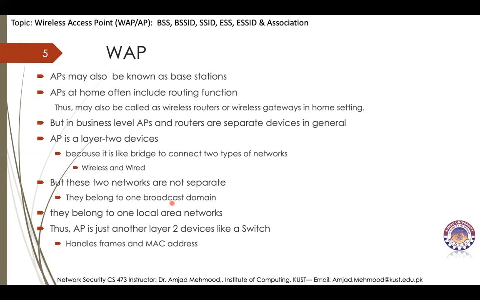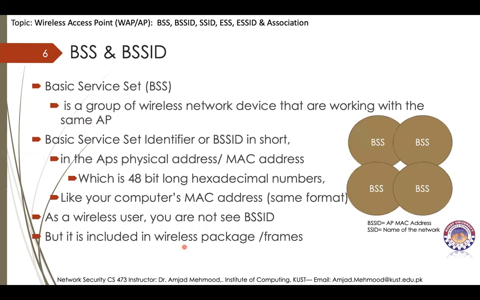However many access points you have, you have only one broadcast domain. They belong to one local area network, as I mentioned. AP is just another layer 2 device, like a switch, that handles frames and MAC addresses. What does a switch handle? Switch handles frames and MAC addresses. Similarly, access point handles frames and MAC addresses.